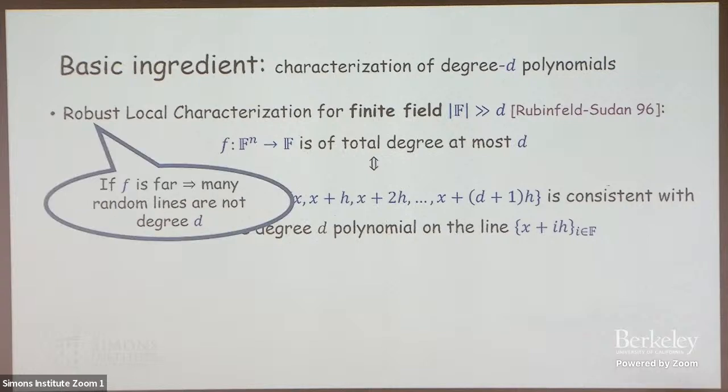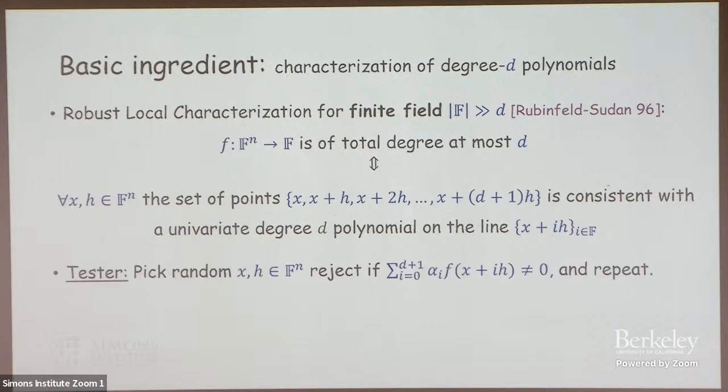And this is robust. This was shown by Rubinfeld and Sudan. And what does it mean that it's robust? It means that if the function is actually far from being low degree, then for many such lines, it won't be degree d. And this actually suggests a tester: you could just pick a random point and a random direction, and test whether the d plus 2 evenly spaced points are consistent with some low degree polynomial.